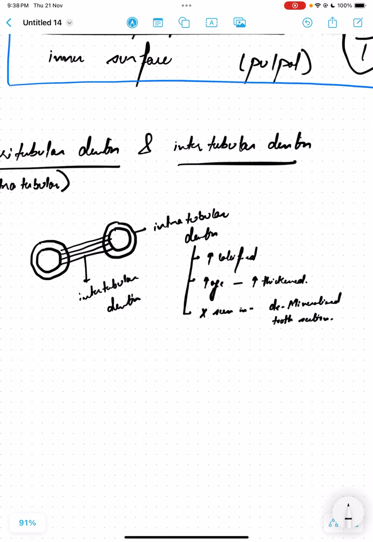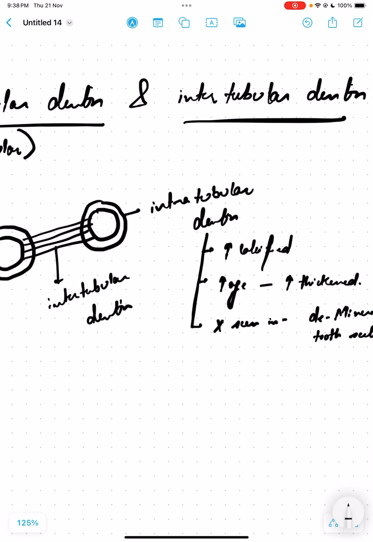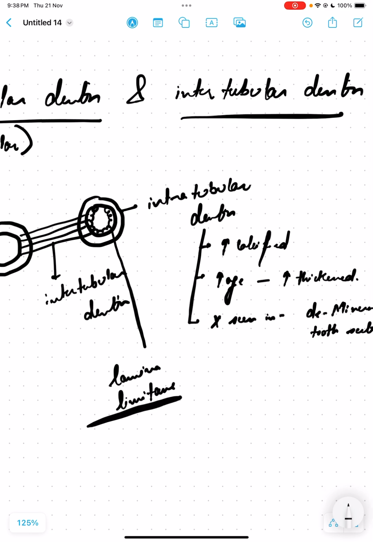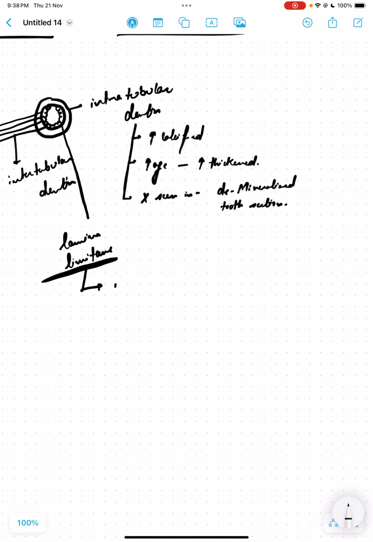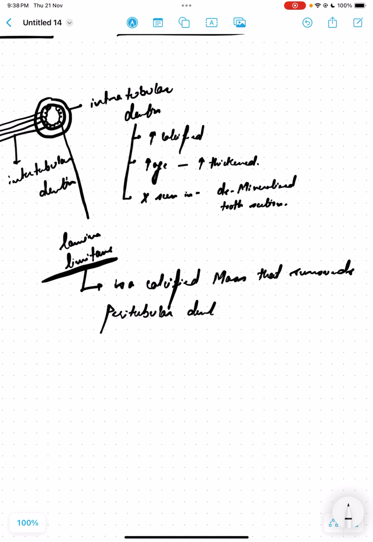As we have said, the lining of the dentinal tubules is called the peritubular or intratubular dentin. The inner calcified mass of the peritubular dentin is called lamina limitans. What is lamina limitans? Lamina limitans is a calcified mass that surrounds the peritubular dentin.